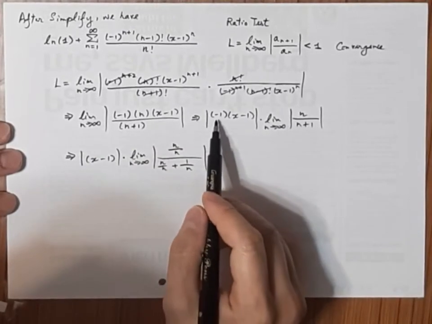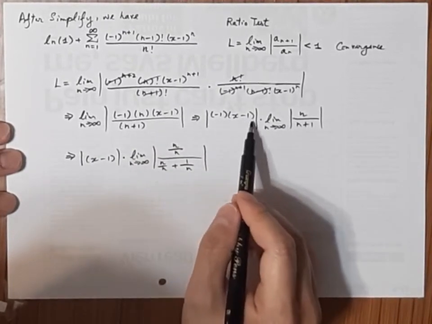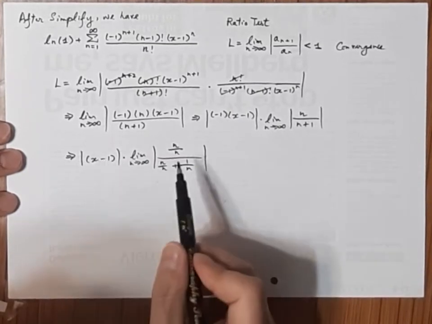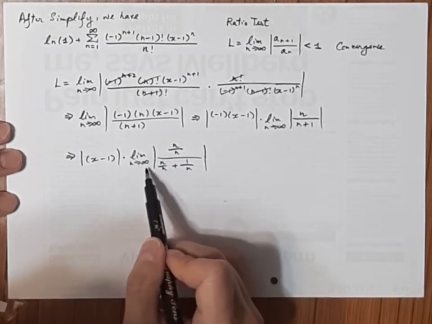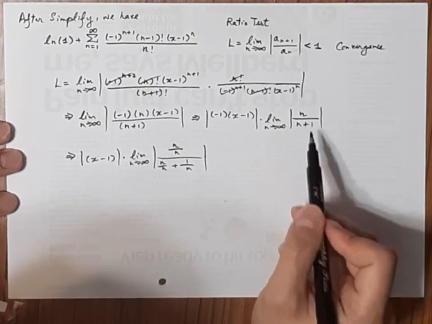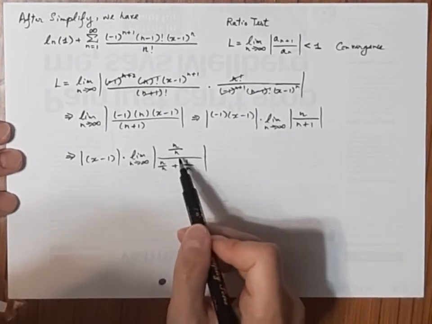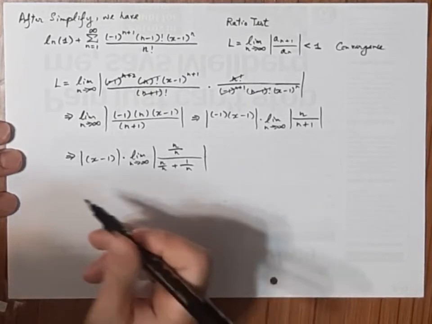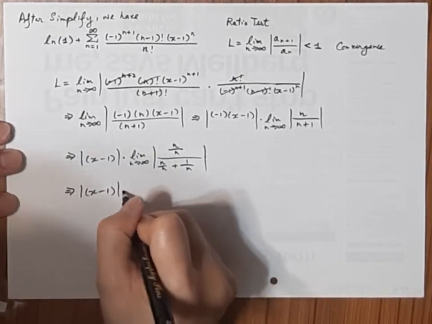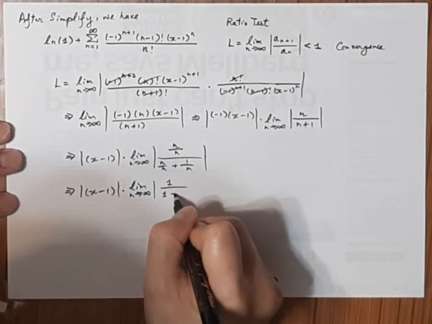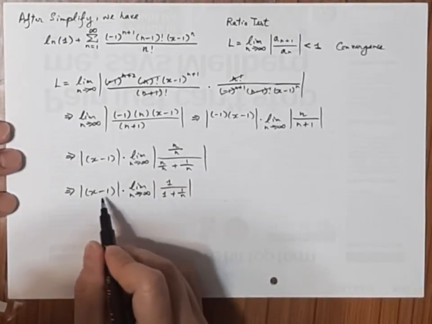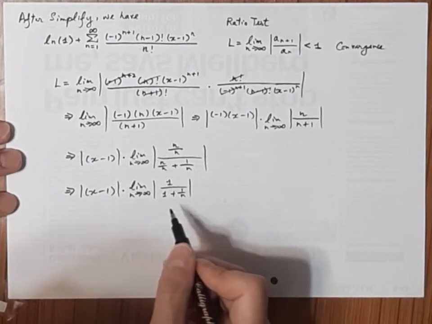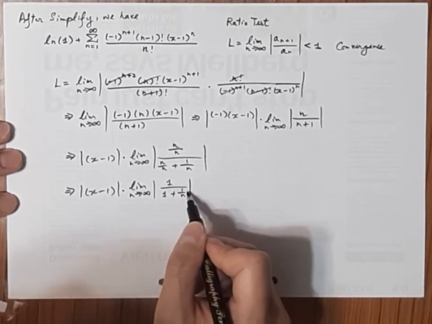And then these two values, minus 1 times x minus 1, the absolute value is equal to the absolute value of x minus 1. And then for the limit as n tends to infinity, we divide the numerator and the denominator by n. We get n over n, over n plus 1 over n. Finally, we have the absolute value of x minus 1 multiplied by the limit as n tends to infinity of 1 over 1 plus 1 over n.